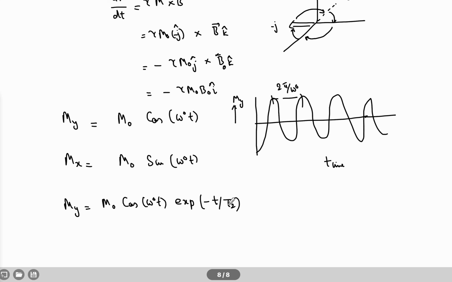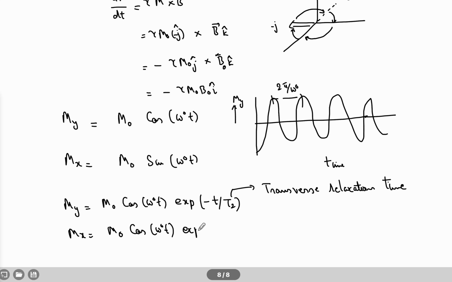Okay, this T2 is nothing but the transverse relaxation time. So this is the time taken by a particular bulk magnetic moment to die its own death, right? Transverse relaxation time. Okay. Similarly Mx can also be written as m0 exponential minus t by T2. Sorry, this one will be sine omega naught t.